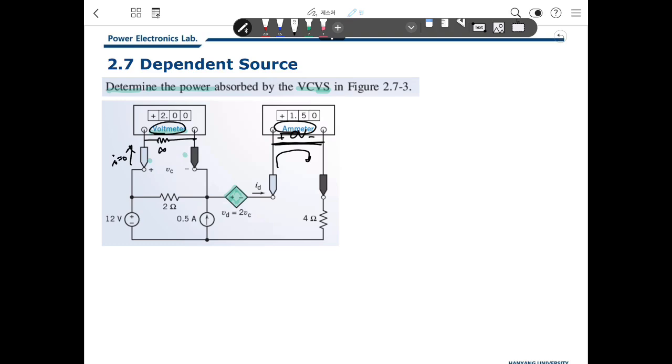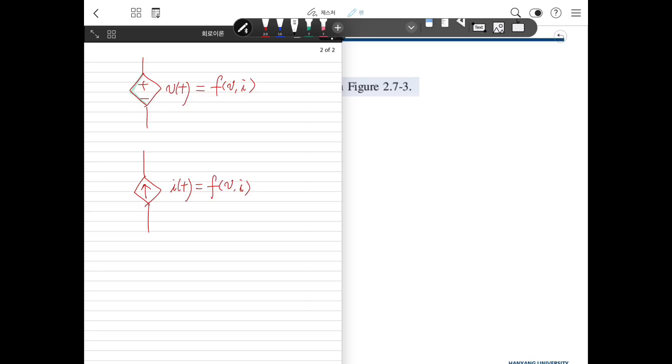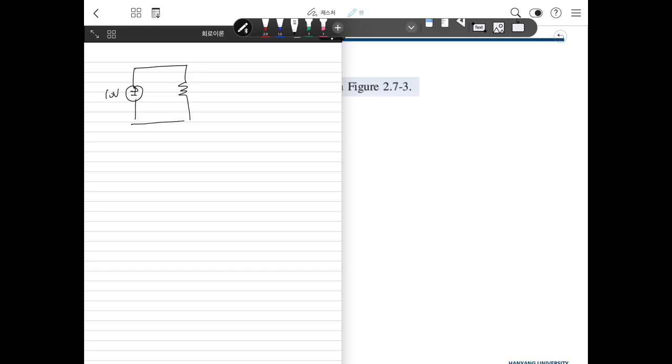A voltmeter only measures the voltage. These are measurement units, the voltmeter and ammeter, and they should not have any effect on the circuit. So I will give you a simple example. If you want to measure the voltage, like here, this is 10 volts, and this is 10 ohm.